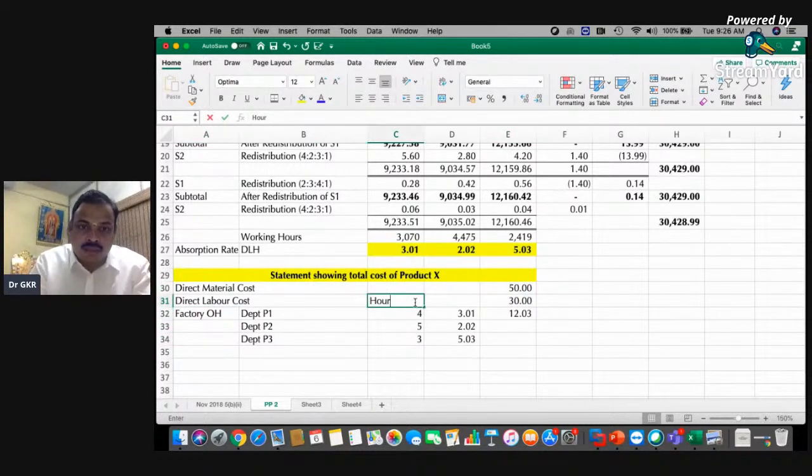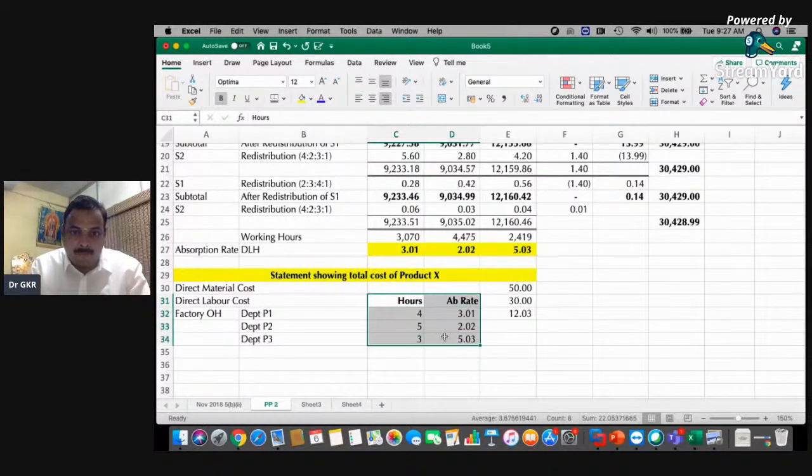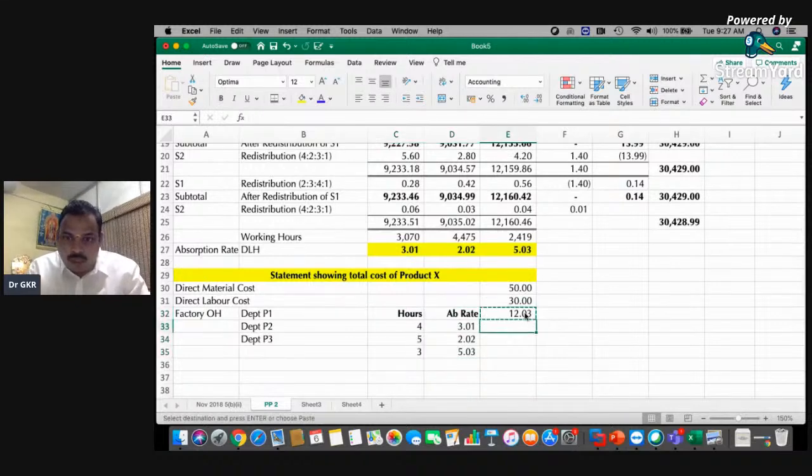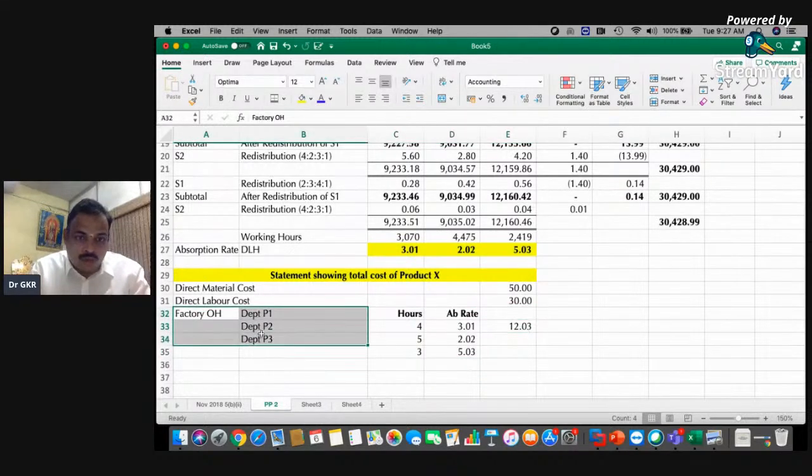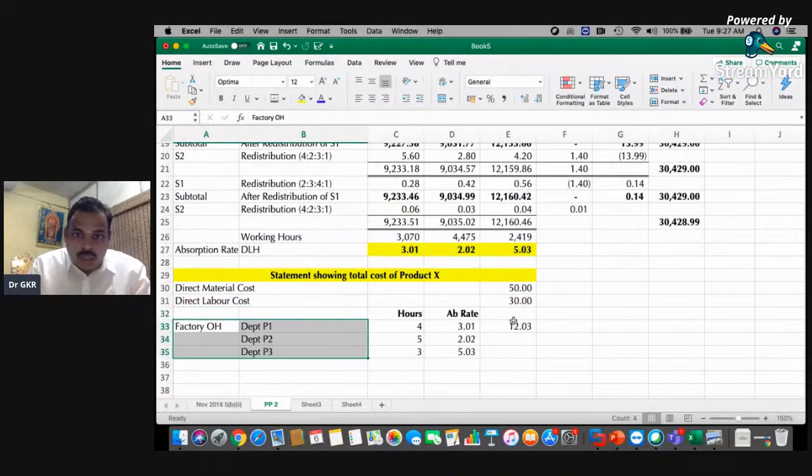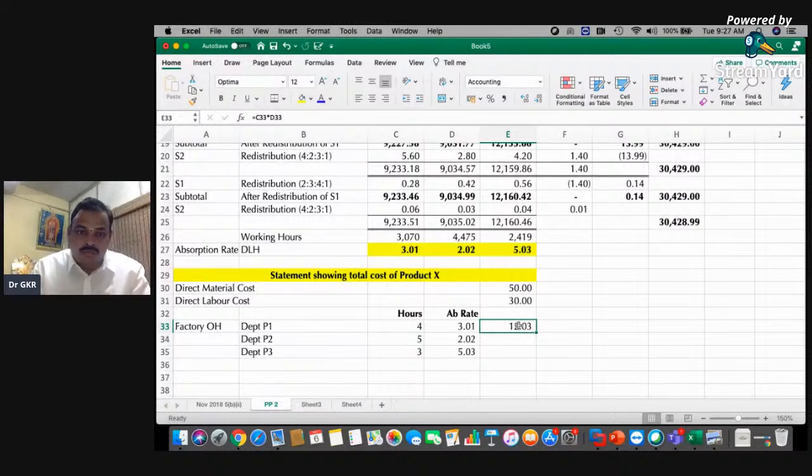So this is your hours. This is your absorption rate. So factory overhead. Now this is 10.09 and 15.08.